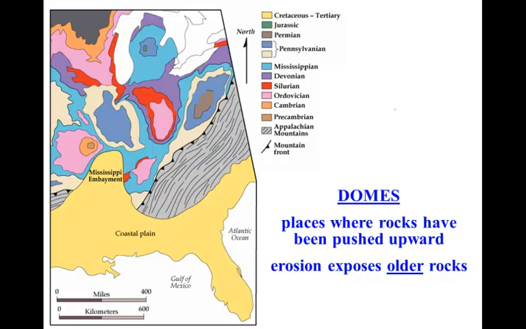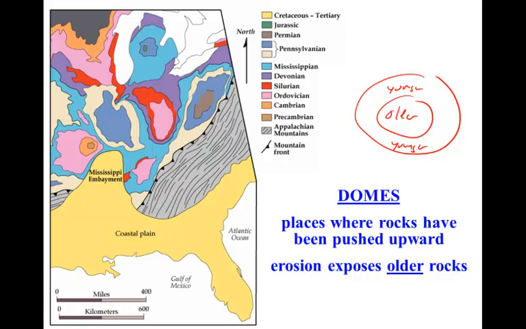Again, a dome, we have older rock in the middle, younger rock around the edges. In other words, to recognize a dome on a geologic map, you're looking for a circular pattern, and the relative ages of those rocks should place the older rocks in the middle and the younger rocks around the edges.